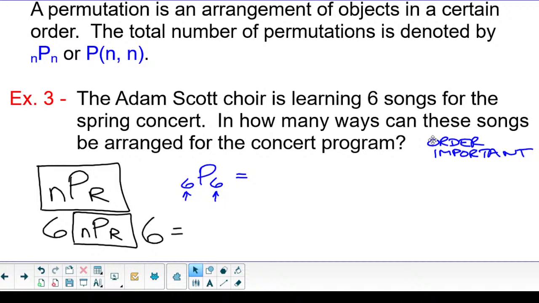Oh, you have the answer? All right, Emma, what was the answer? 720. I'd like you also to try doing 6 factorial and tell me what that is. What's 6 factorial? 720.